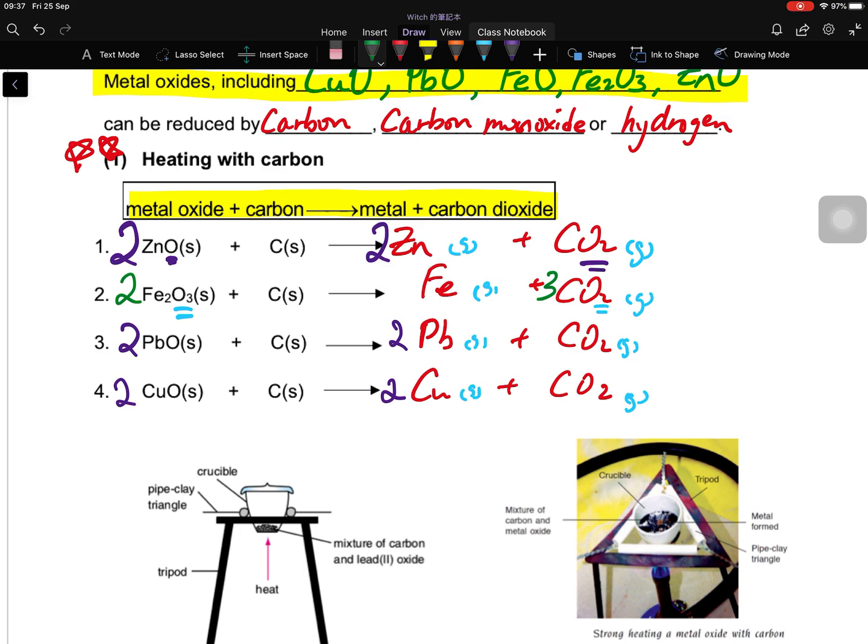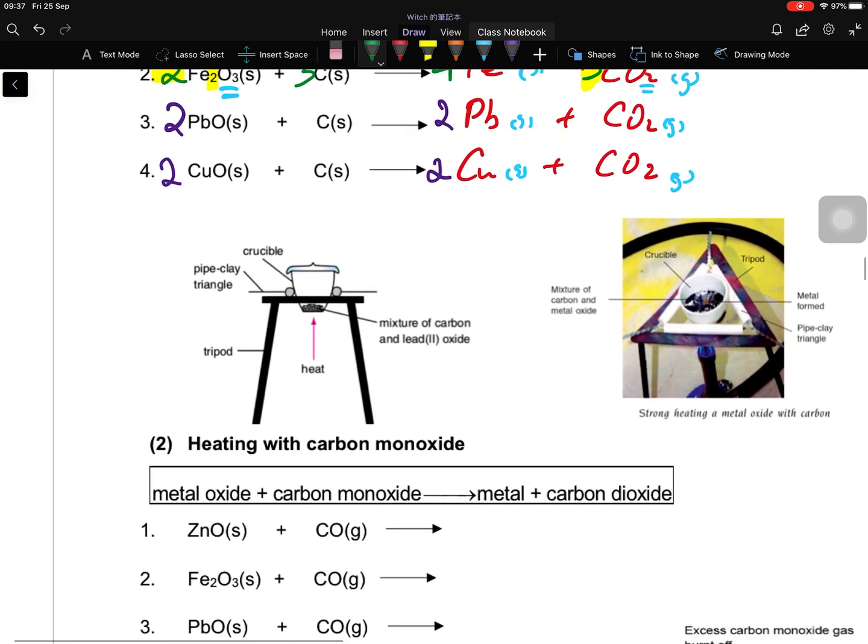Then we concern about the number of iron. On the left hand side this is 2 times 2, that is 4 iron. And finally on the right hand side, because we have 3 CO2, on the left hand side we should have 3 carbon used.